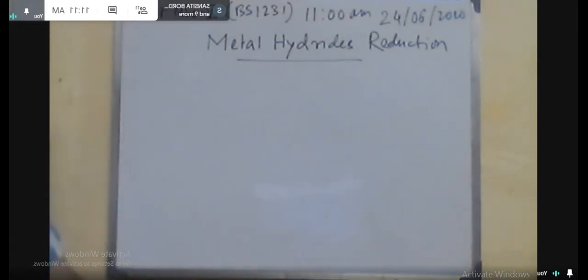Before starting with the specific examples, let us focus on the series of carbonyl compounds and other functional groups.